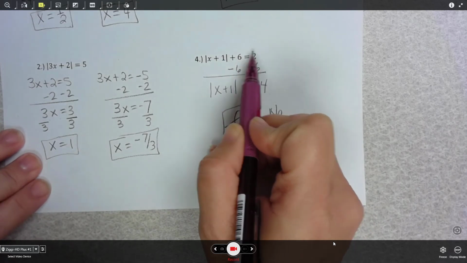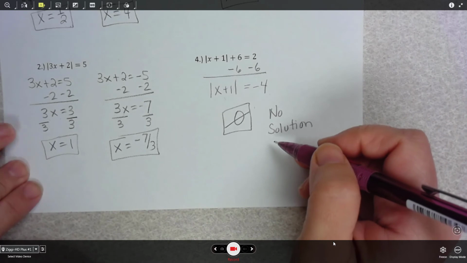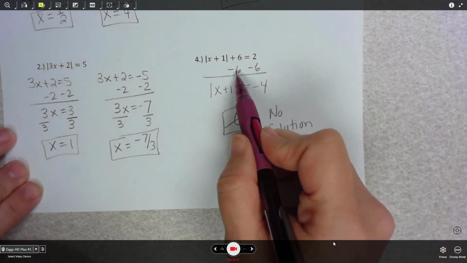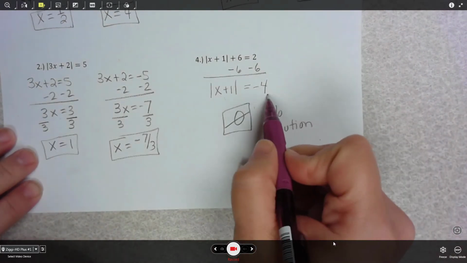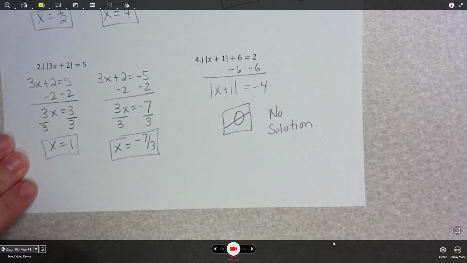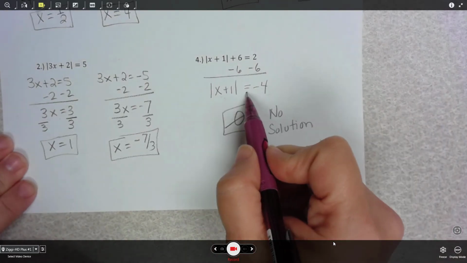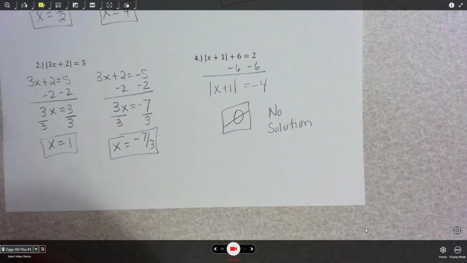So you might look at the problem and just logically figure out that the answer would be no solution. But if not, work through it, isolate your absolute value so that you actually know what distance you're trying to find, and then see what you get. If it's a distance equals a positive number, you can continue on solving it twice. If distance equals a negative number, you cannot go any further. The answer would be no solution.